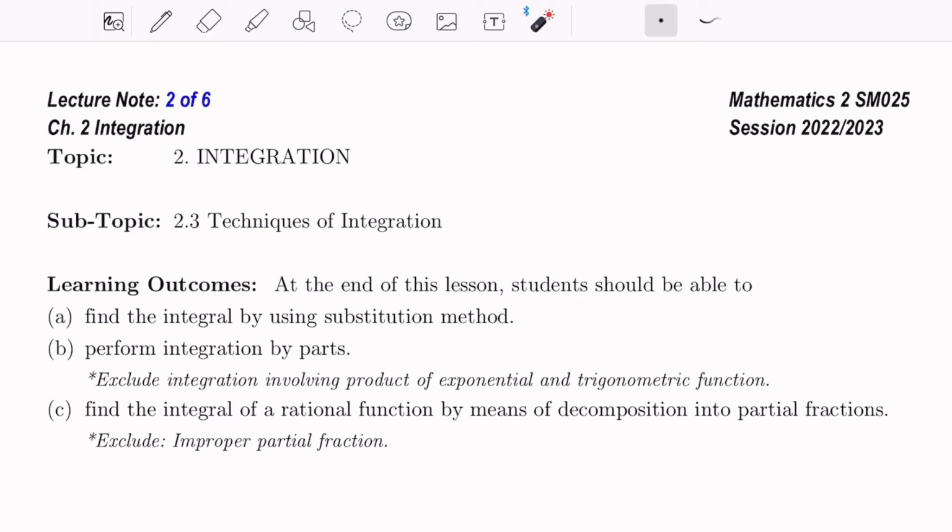Topic 2, Integration. Subtopic 2.3, Techniques of Integration. At the end of this lesson, students should be able to find the integral by using the substitution method, perform integration by parts, and find the integral of a rational function by means of decomposition into partial fractions.